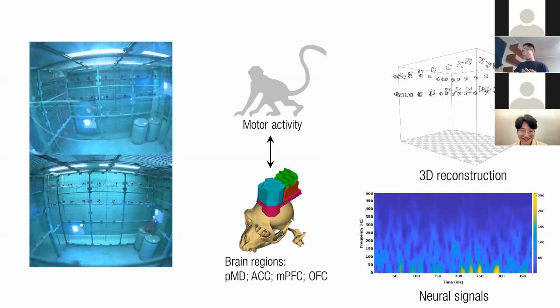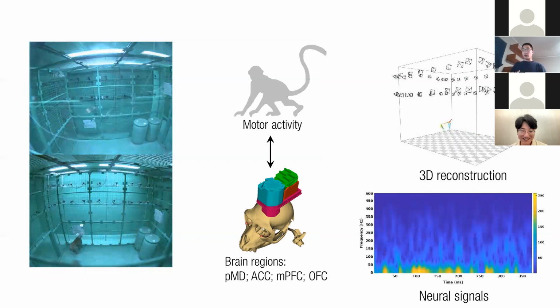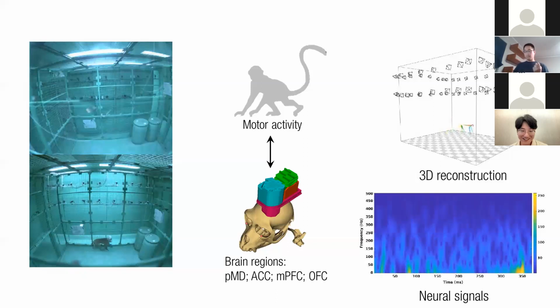On the bottom right, I'm showing the spectrogram of the brain activity that will be correlated with our muscle movements. Our hypothesis is that there exists a strong correlation between our brain activities and the motion.